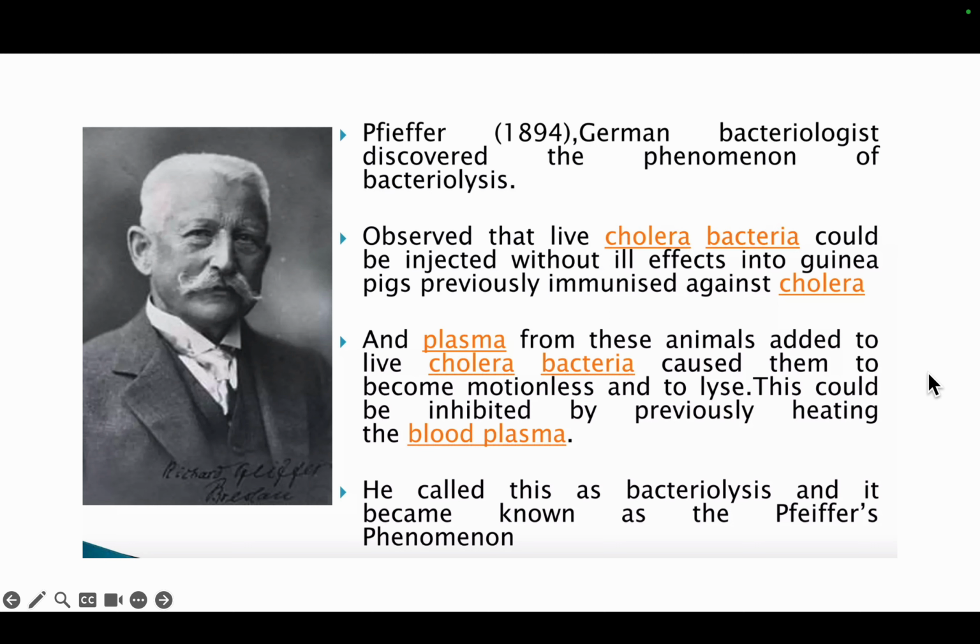What happens? He could see that after injecting live cholera bacteria into guinea pigs previously immunized against that disease, they didn't get infected. Plasma from these animals added to live cholera bacteria caused them to become motionless and to lyse.